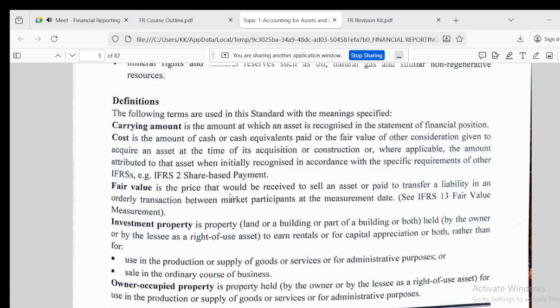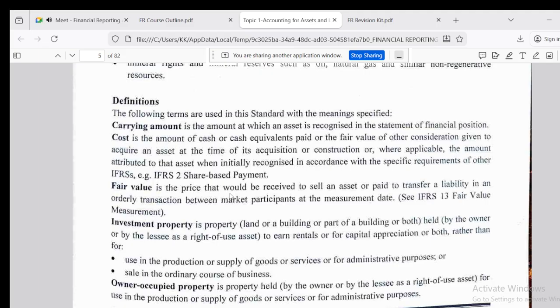Another one is fair value. We have talked about fair value. Now let us know what fair value is, right? Fair value always refers to the actual value of an asset.